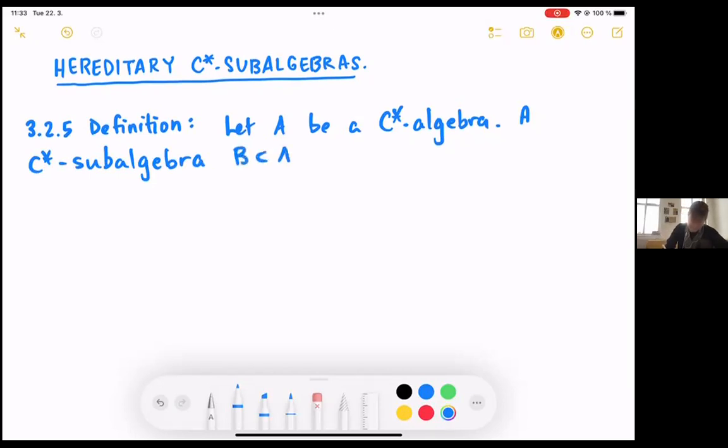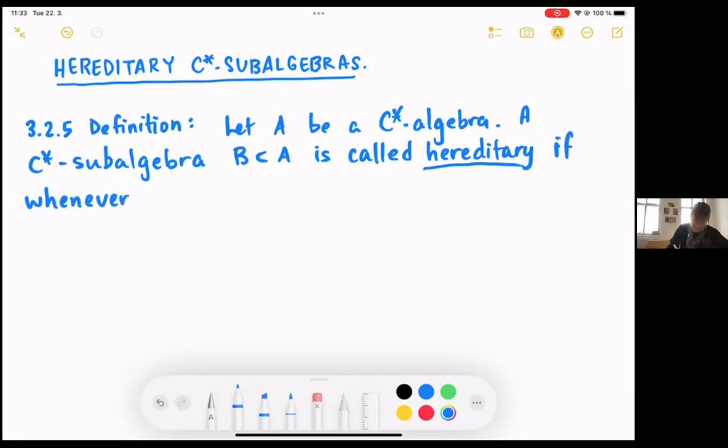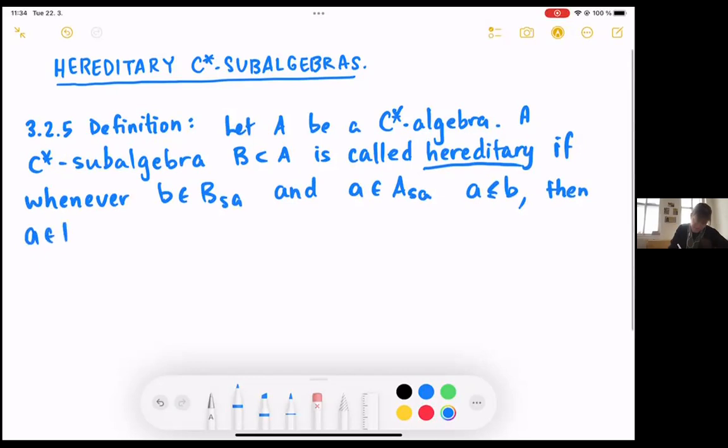Then B in A is called hereditary if whenever we have an element B in B that's self-adjoint, and an element A in the self-adjoints of A such that A is less than B, then A must also be in B. So this is hereditary with respect to this partial order that we defined on the self-adjoint elements.